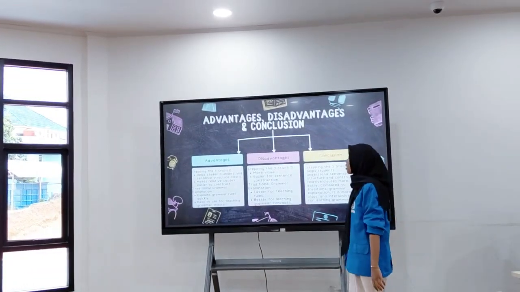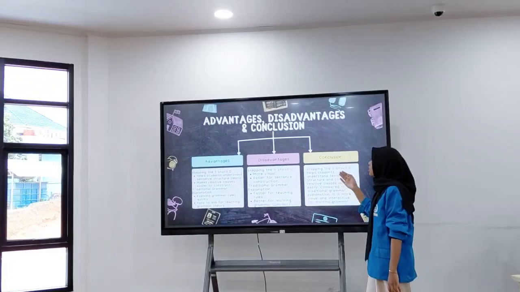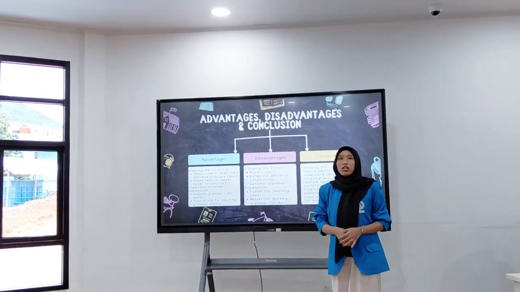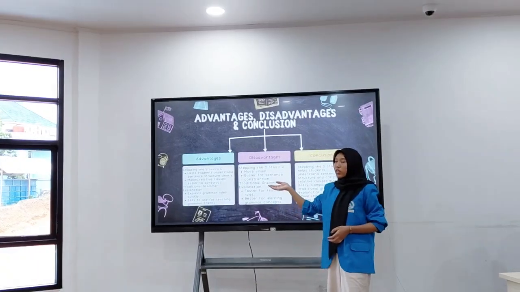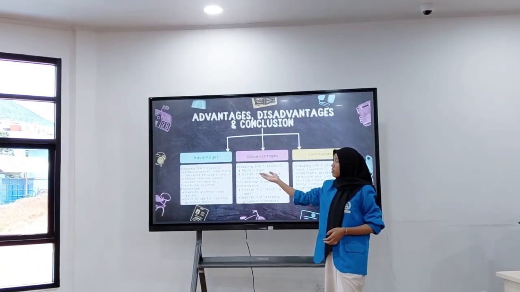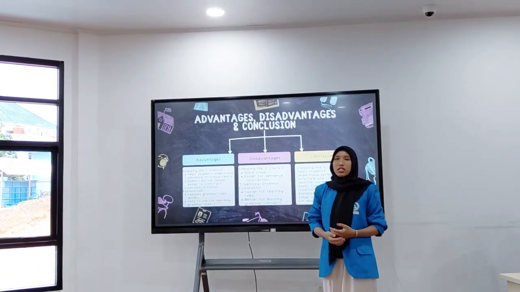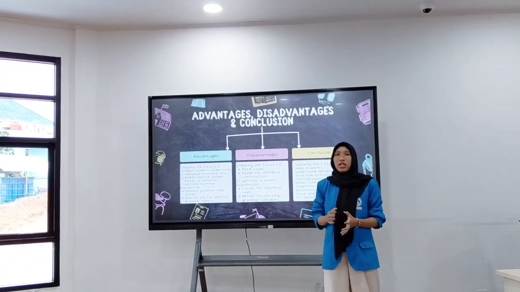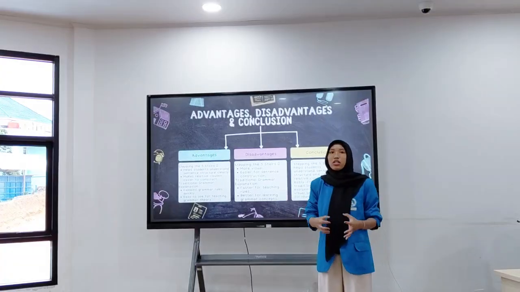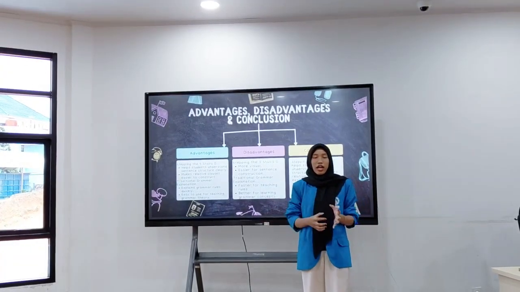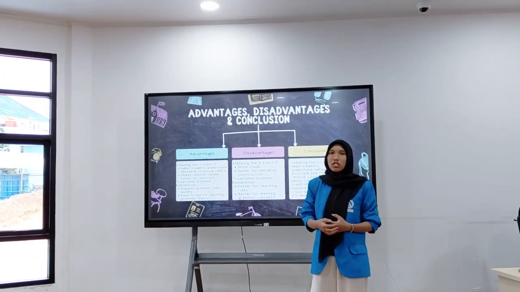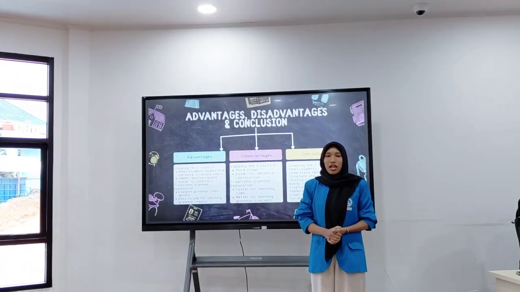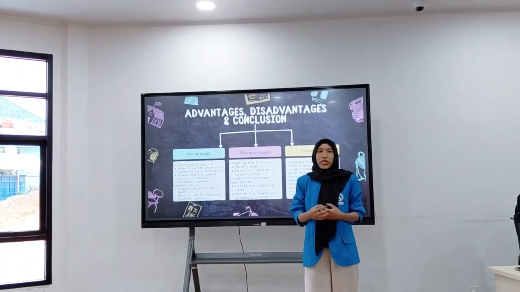Next, advantages, disadvantages, and conclusion. The advantage of Stepping the 5-Star D is that it's more visual. It helps us understand sentence structure clearly. On the other hand, the advantage of traditional grammar is that it explains rules quickly.